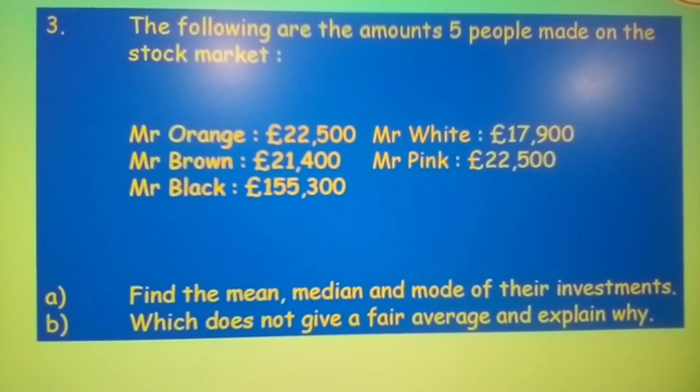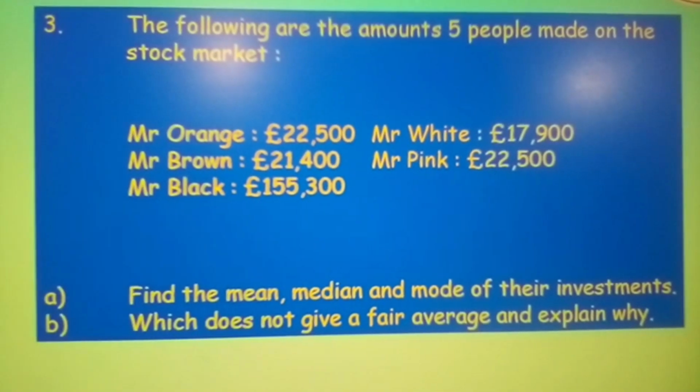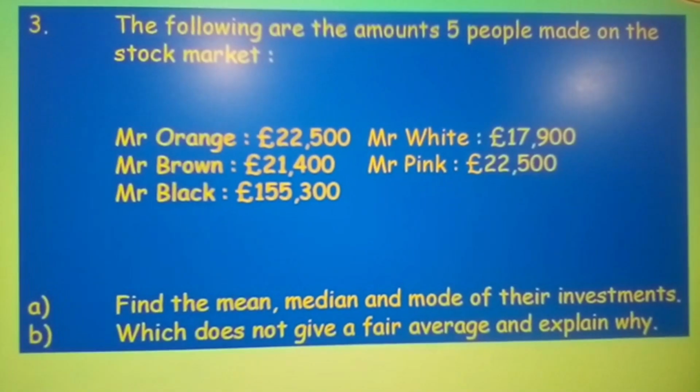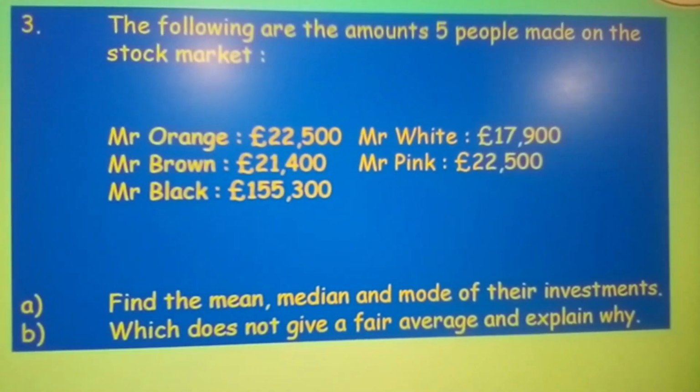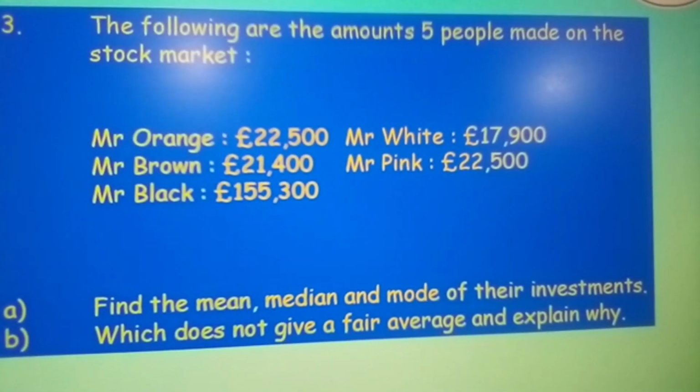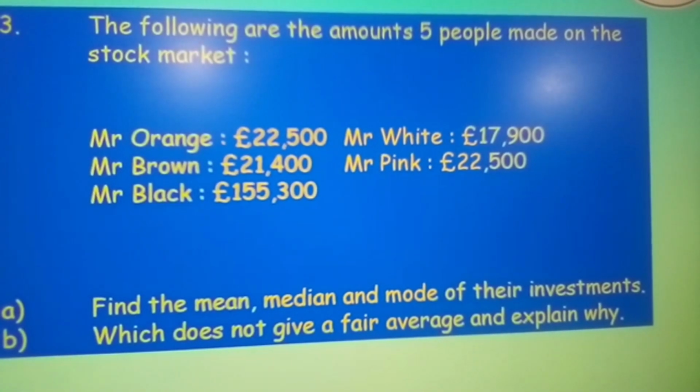Mr. Orange, Mr. Brown, Mr. Black, Mr. White, Mr. Pink. And here you need to find the mean, median, and the mode of the investments, which does not give a fair average, and explain why.